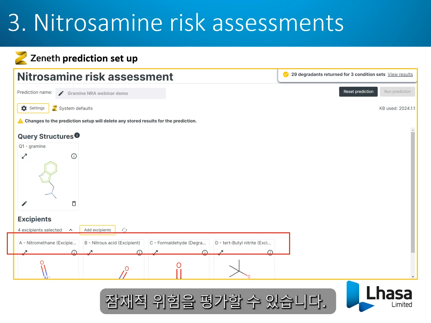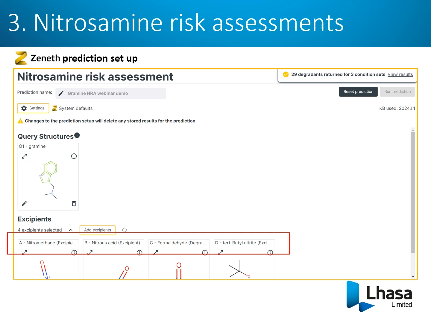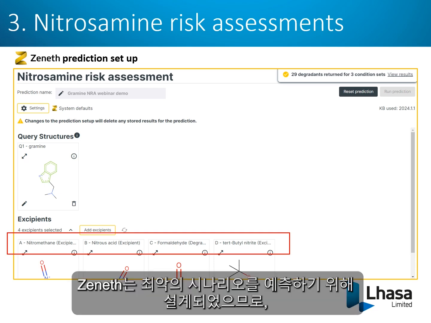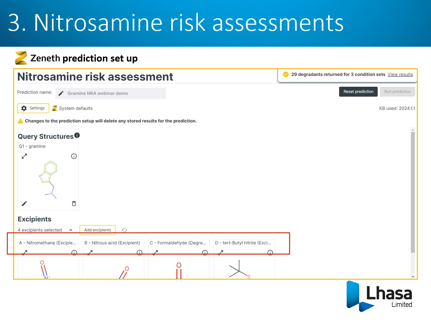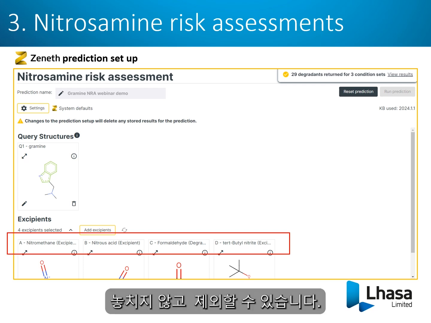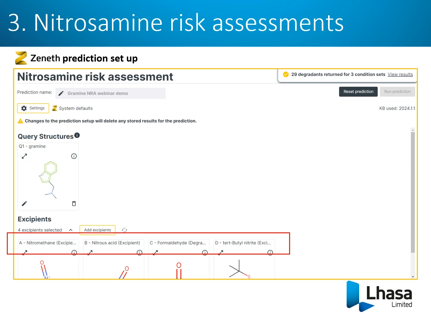Zeneth is designed to predict the worst case scenario, so that nothing is missed and possibilities can be ruled out. So how is this assessment useful? What questions can it help answer?